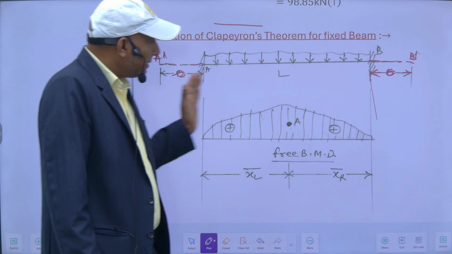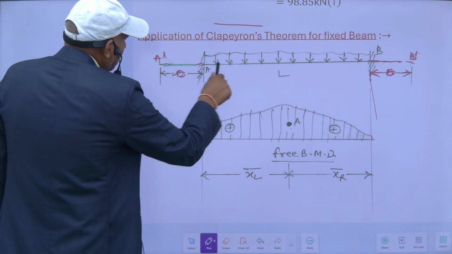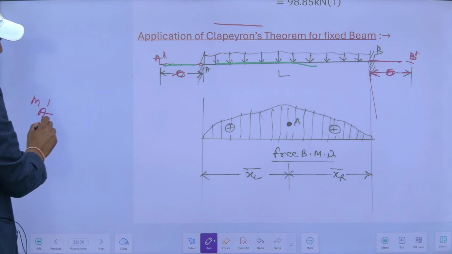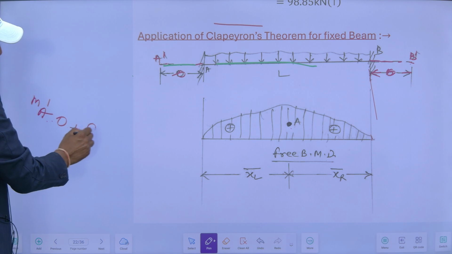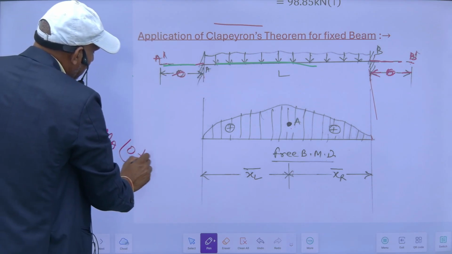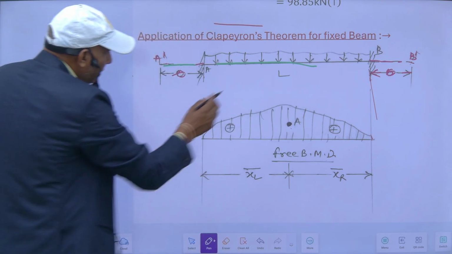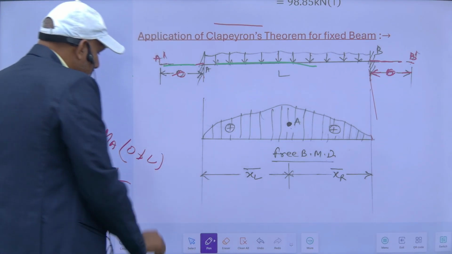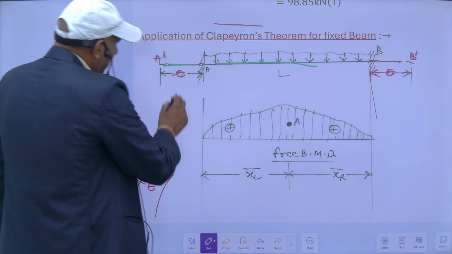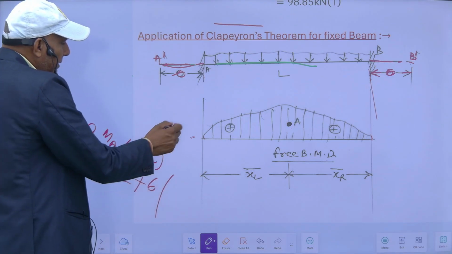If I apply the three moment equations for this, it will be MA dash. I will consider these two spans, this and this. So, MA dash into this length, which is 0, plus 2 times MA into this span, 0 plus L, plus MB into this length, plus 6. This area will be 0. This is an imaginary span, so A1 x1 will be 0.